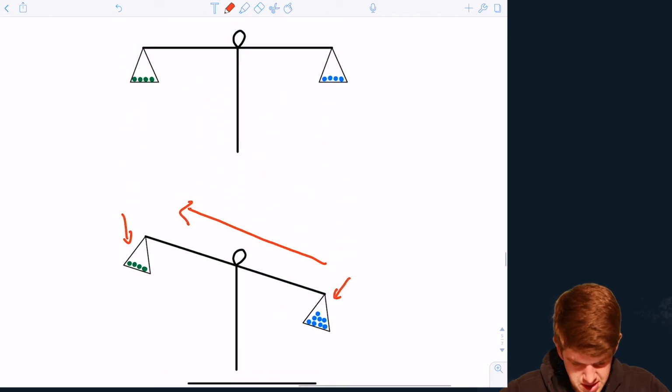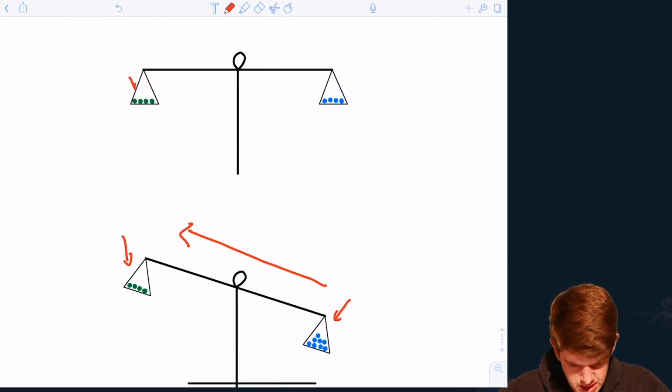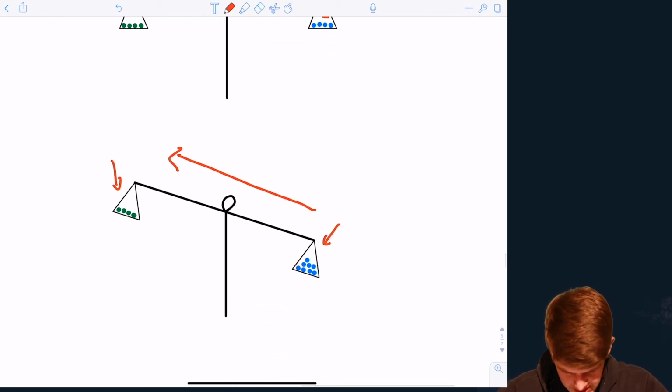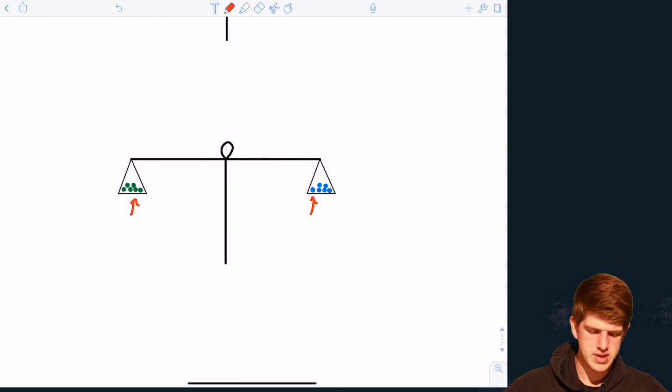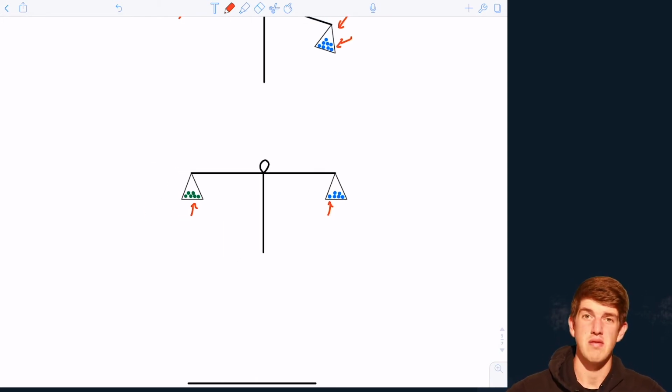equilibrium. So originally here I had 4 greens, 4 blues. Now I have 8 blues, 4 greens. Now I have 6 blues and 6 greens. So too much of one molecule, get rid of it. Make more of the other molecules.